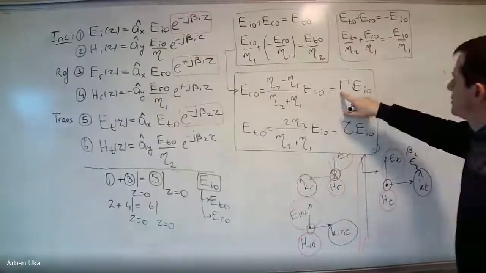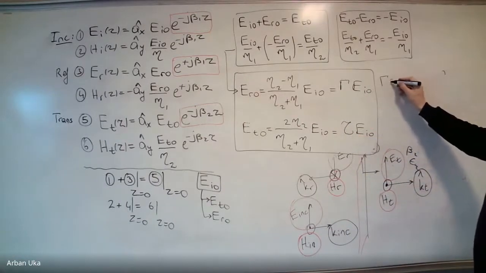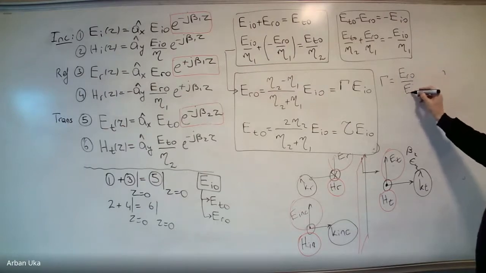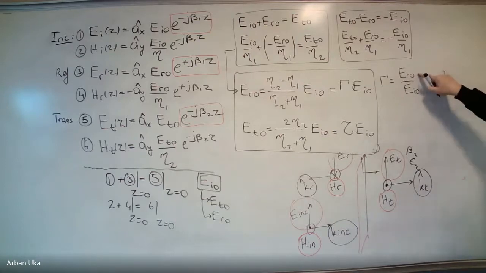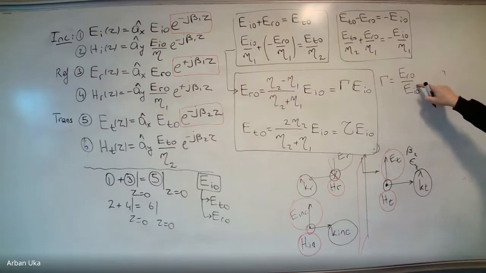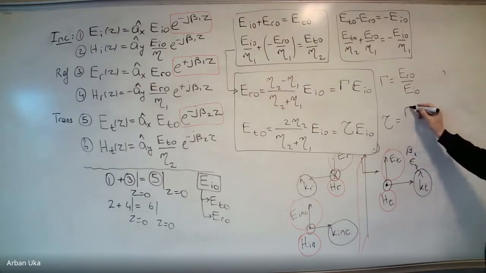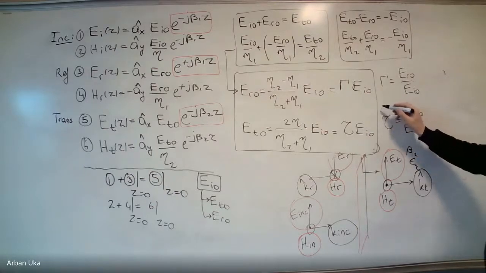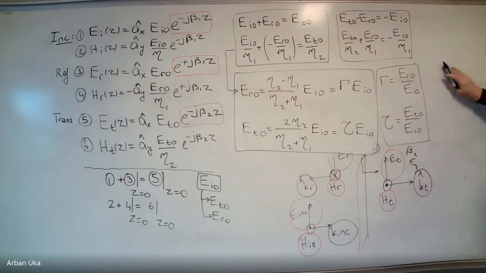The reflection coefficient is defined as ER0 over EI0: the amplitude of the reflected wave divided by the amplitude of the incident wave. The transmission coefficient is equal to the amplitude of the transmitted wave over the amplitude of the incident wave.